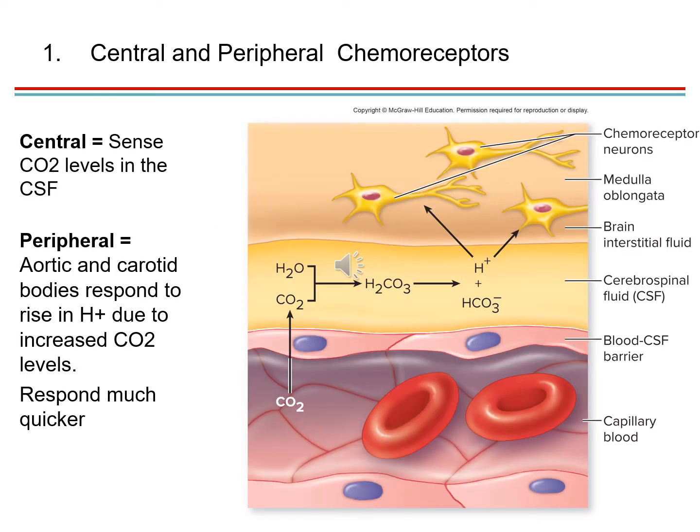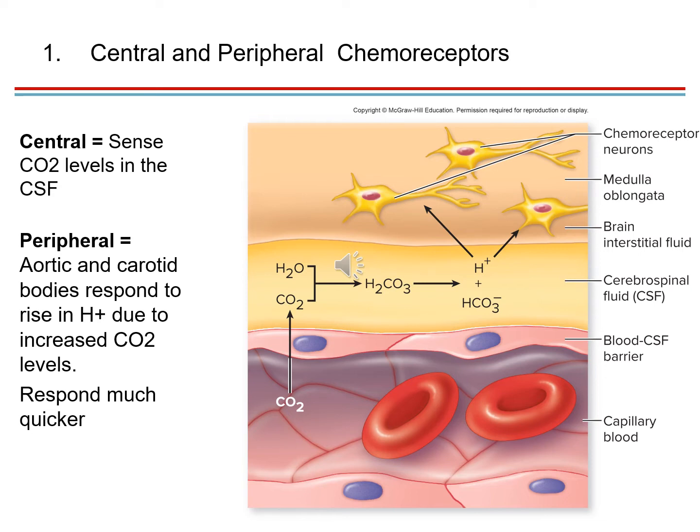We mentioned before the central and peripheral chemoreceptors. This graphic represents the central chemoreceptors that are around the medulla oblongata. And those central chemoreceptors are more sensitive to the levels of carbon dioxide rather than hydrogen.